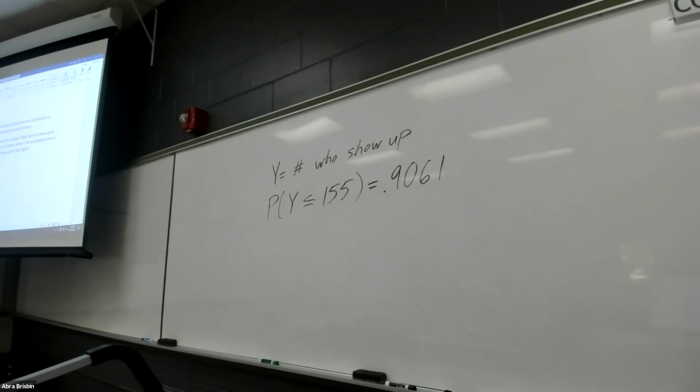So 1 minus that is the probability that 6 or more would not show up. So you are not counting for exactly 5 not showing up.